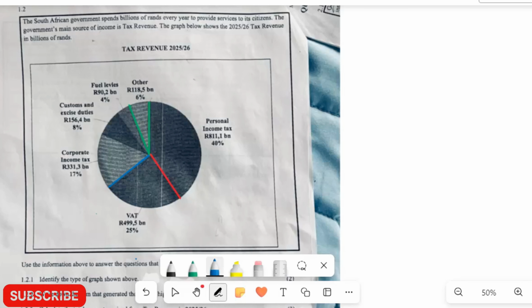And this portion, it's VAT, the value added tax of 499.5 billion rands, which constitutes 25% of the total tax revenues. The VAT, this is the tax that is deducted from, let's say you're going to buy bread from a particular supermarket, then VAT is charged onto that one.